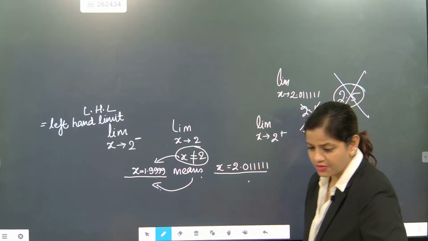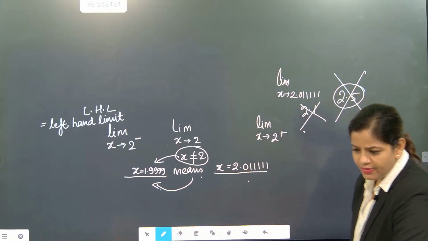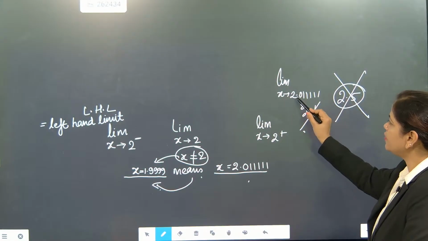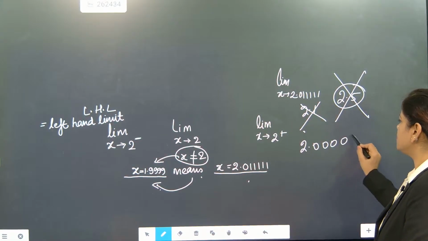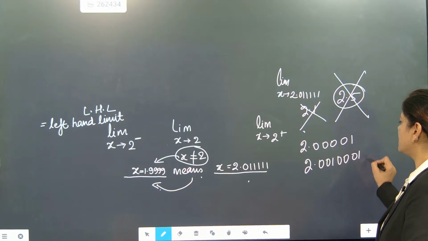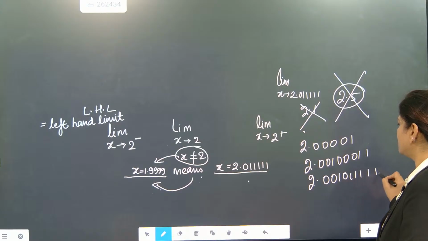So when you go for a limit, the value can be 2.0011, 2.00001, 2.000011, 2.001011.